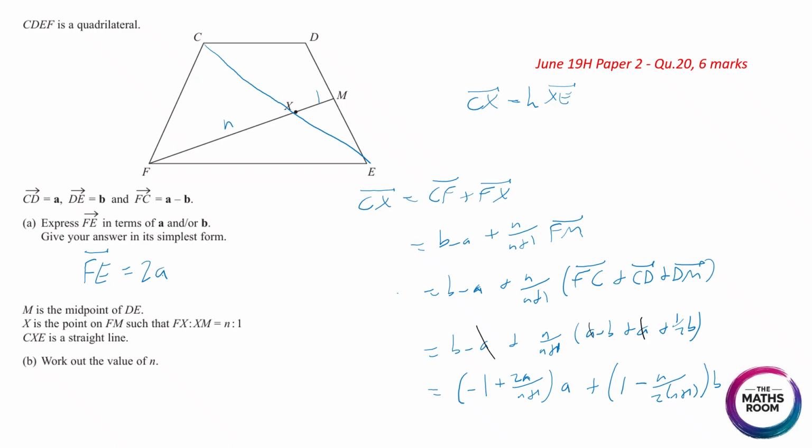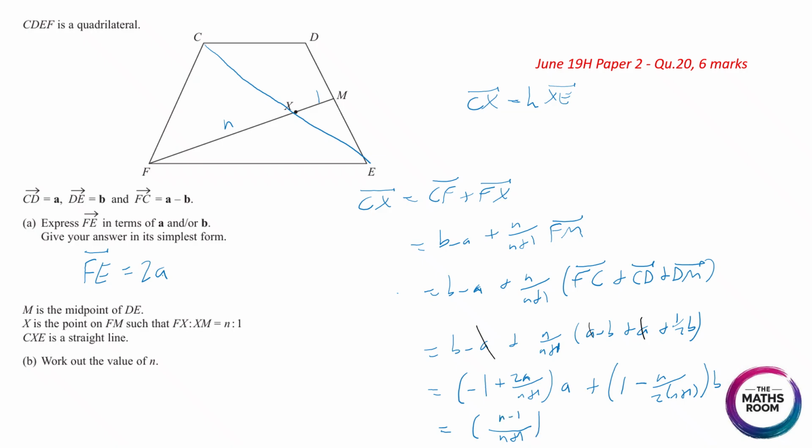Okay, so let's make these simplified fractions, guys, to help greatly. So all over n plus 1, times top and bottom by n plus 1. So you've got minus n minus 1 plus 2n is n plus 1.